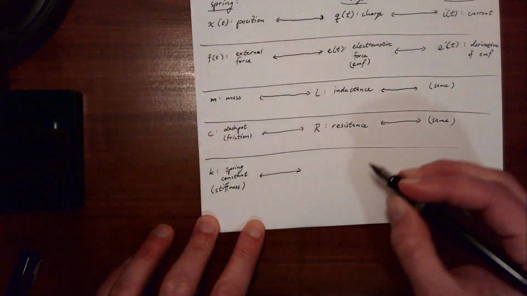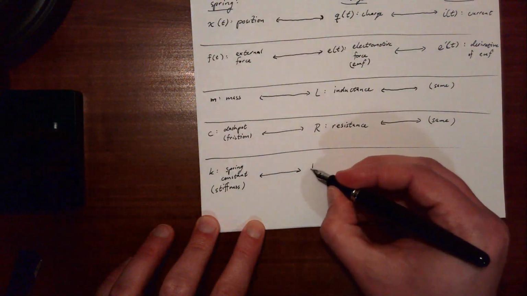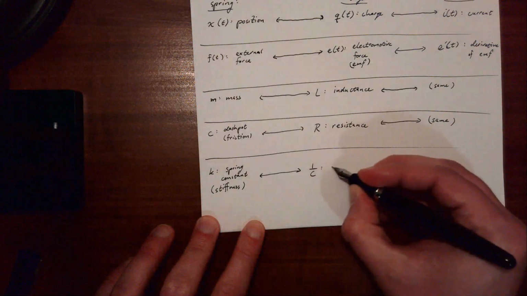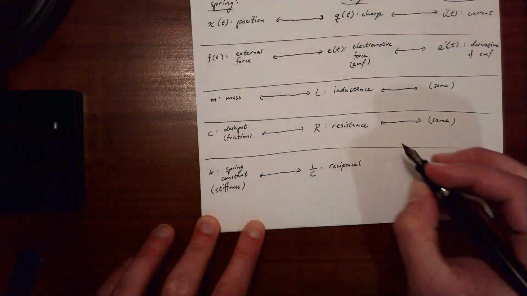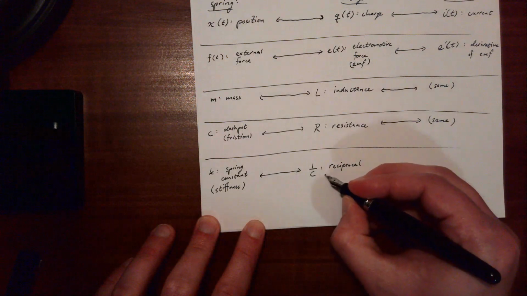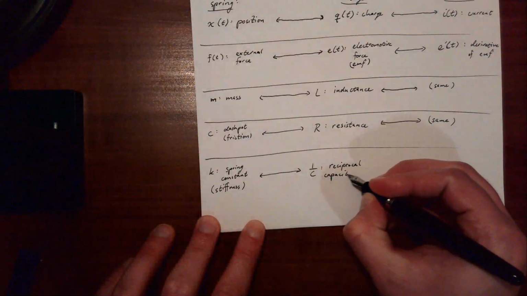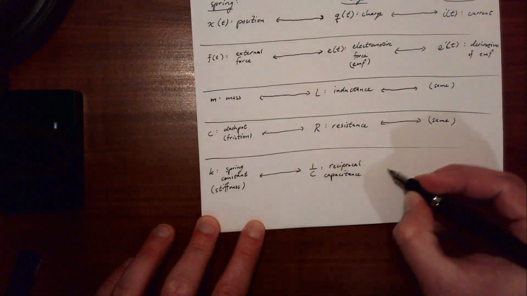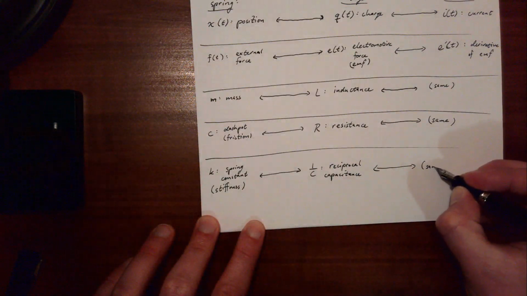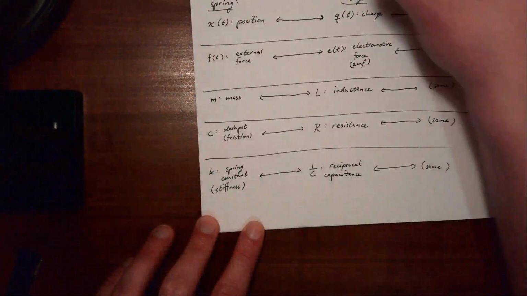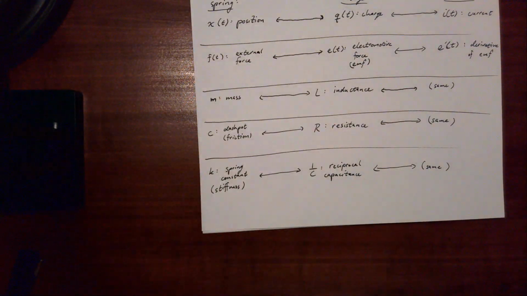And what this corresponds with is 1 over C, or in other words, reciprocal capacitance. And this will, of course, still be the same for all these, because they all are in the same position in the equation.